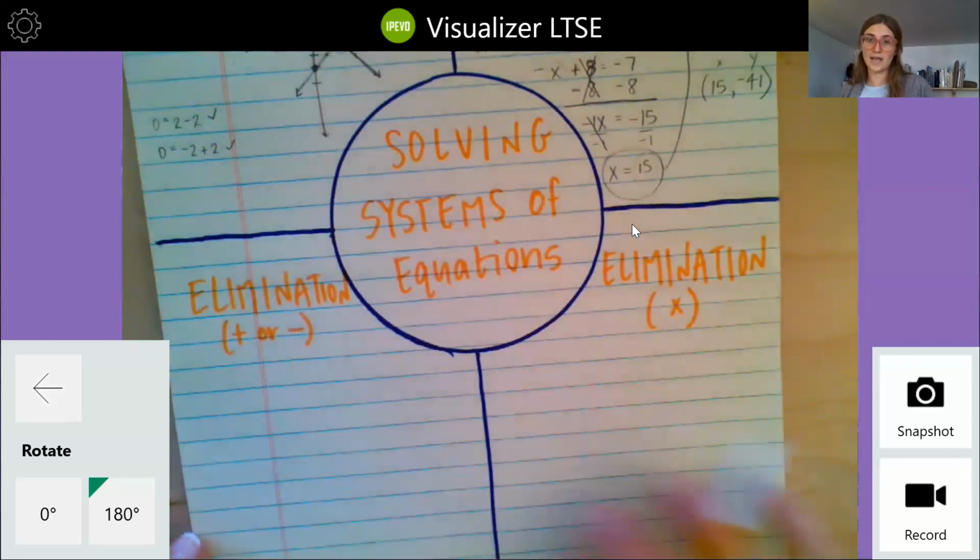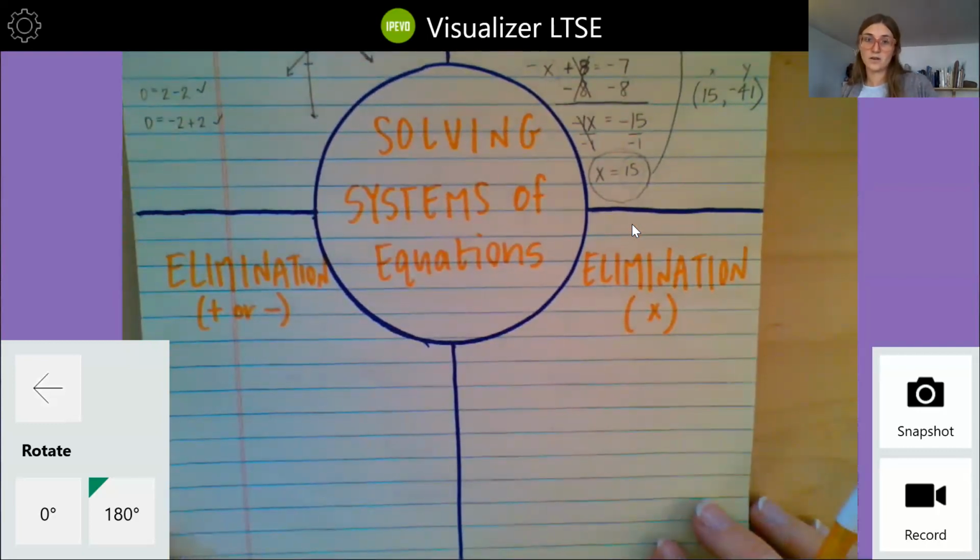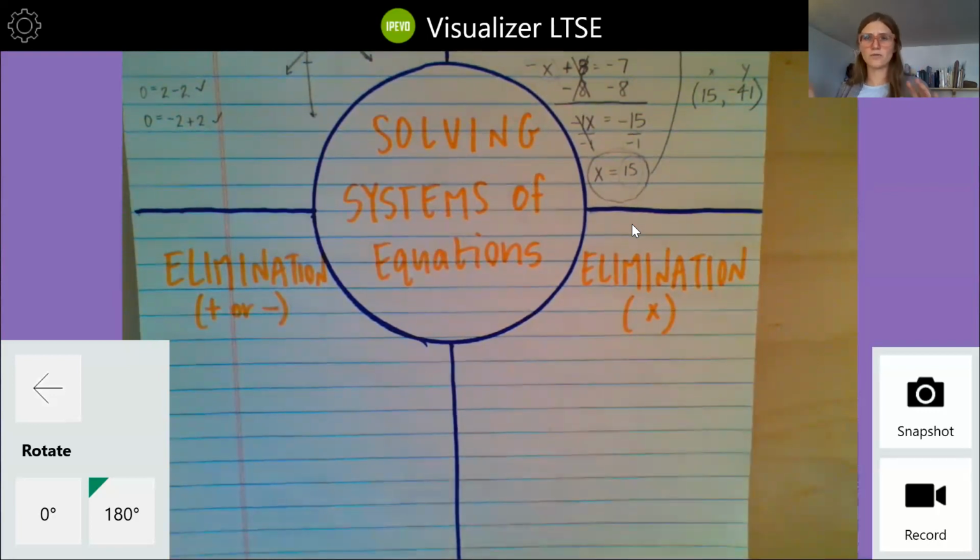Now we're going to take a look at elimination. And there's kind of two different ways of looking at elimination. We can either add or subtract the two equations together, or we need to multiply both equations by a number and then start to eliminate.